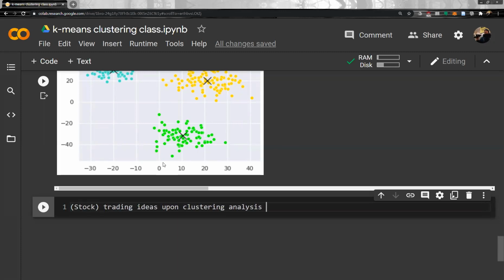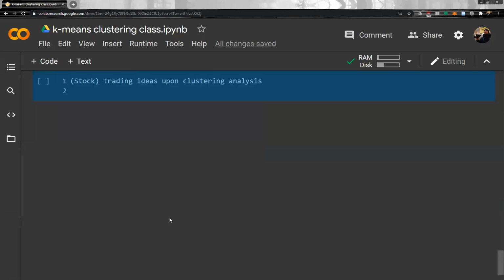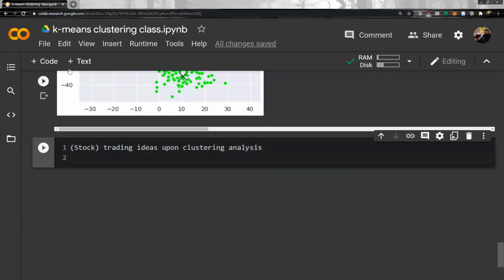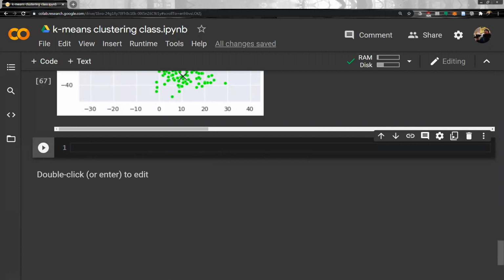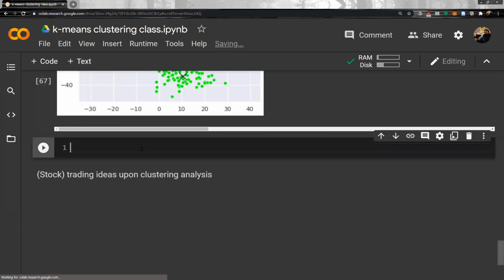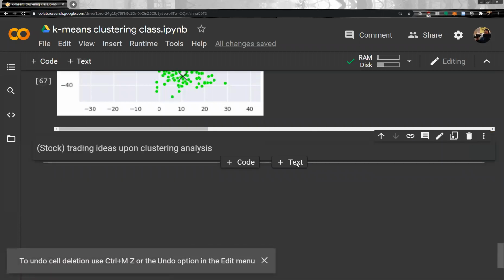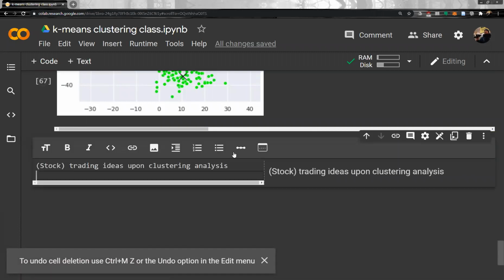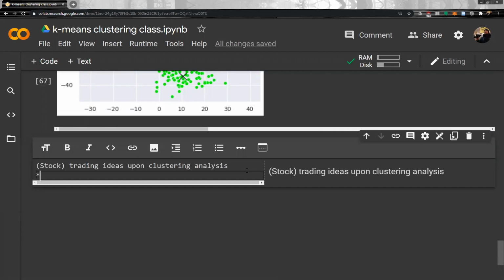But of course, it can be more general. Stock trading ideas upon clustering analysis. How to use clustering analysis for stock trading.